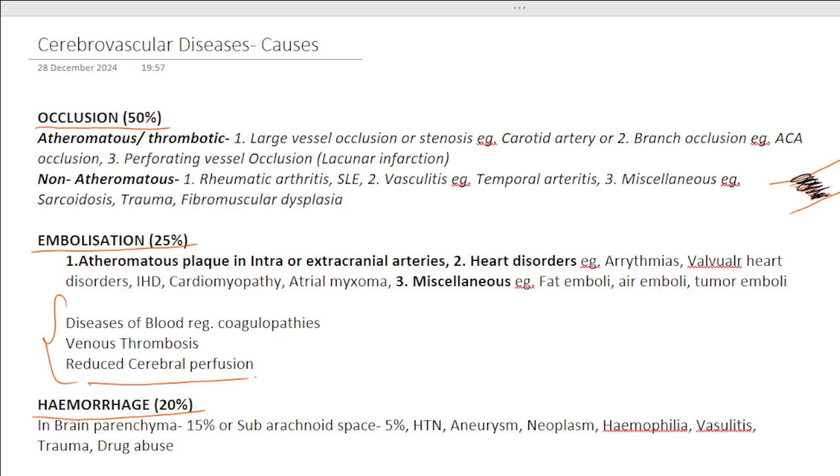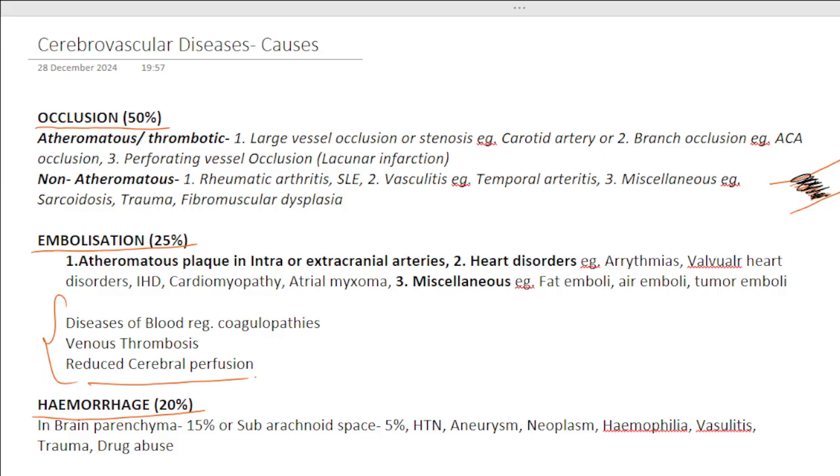So here what happened? Suppose there is an atheromatous plaque in this. It's extracranial, right? Atheromatous plaque over here. Suppose there is a possibility of atheromatous plaque here, or maybe the aortic arch itself.